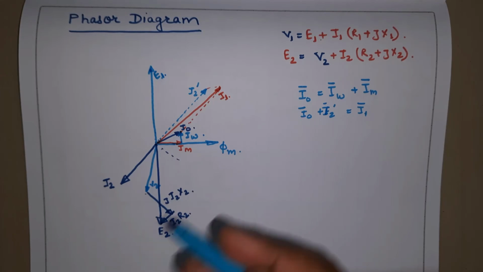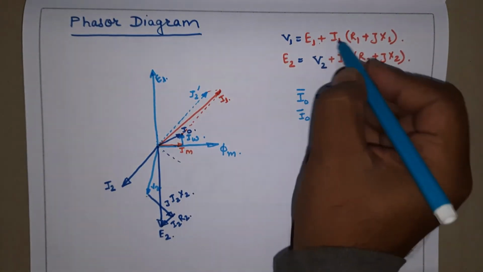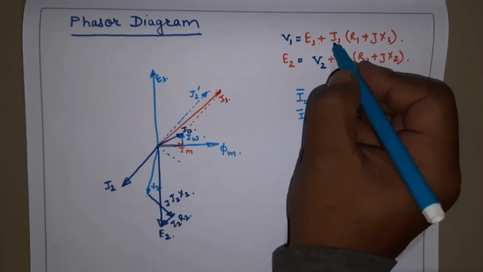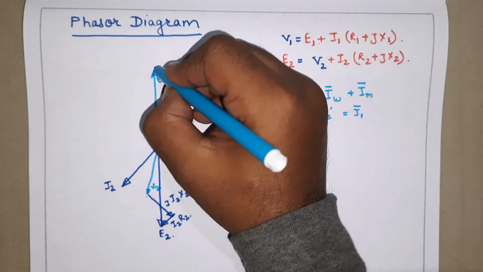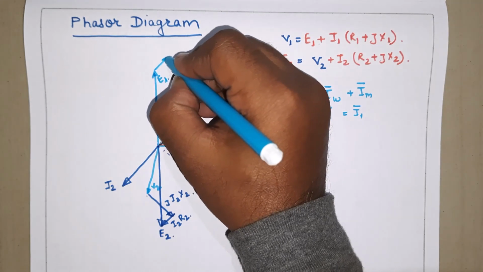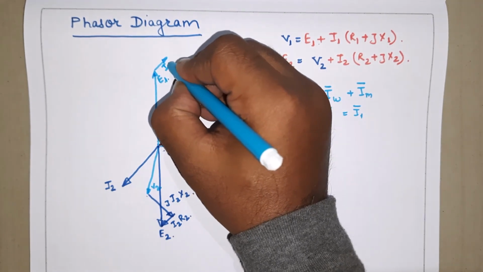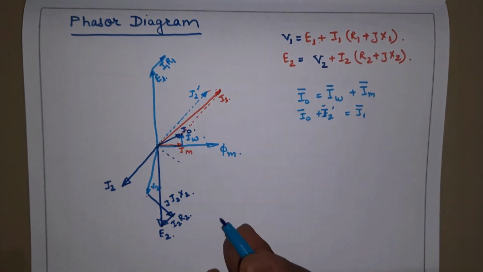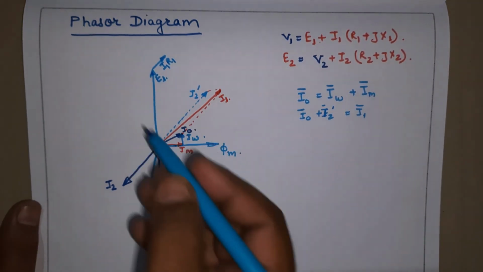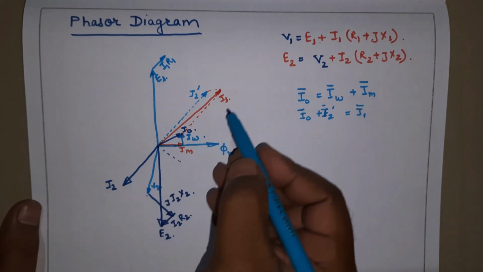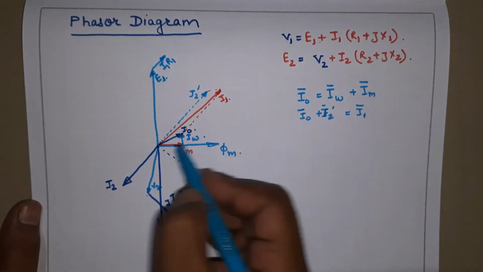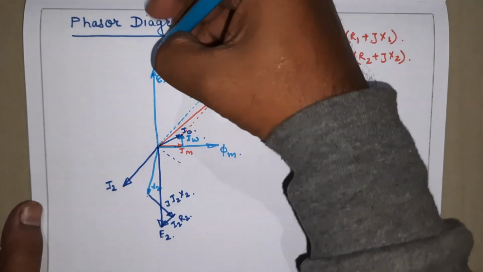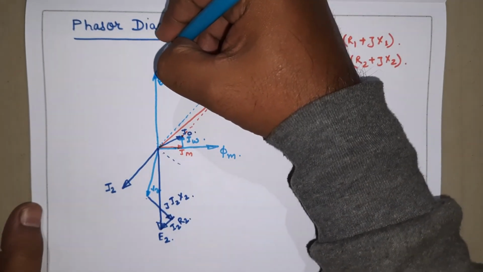Now if this is I1, then from the equation, I1 R1 will be lying in phase with I1, that is here, and I1 jX1 will be 90 degrees leading from I1, that means it will be in this direction. So I am drawing it over here.